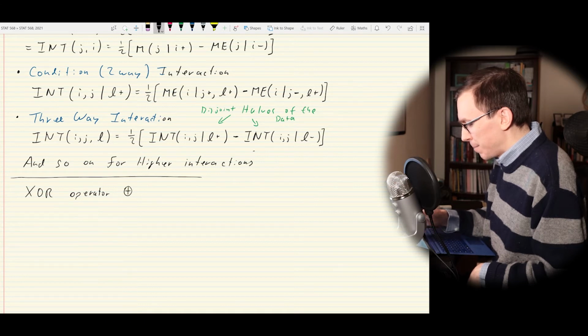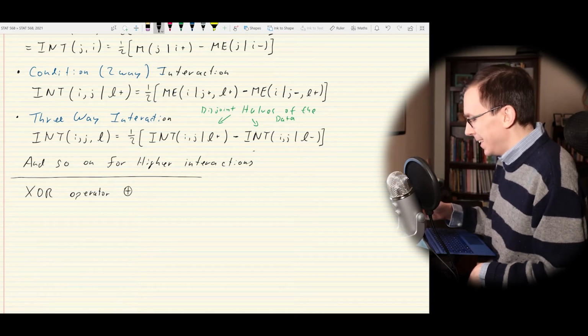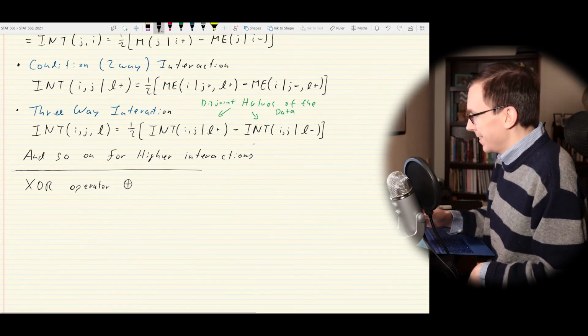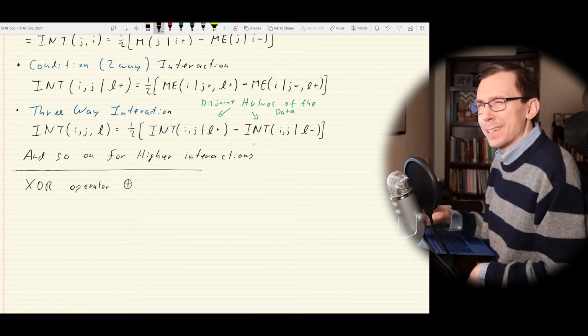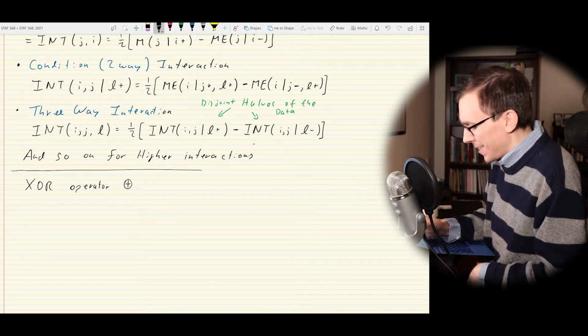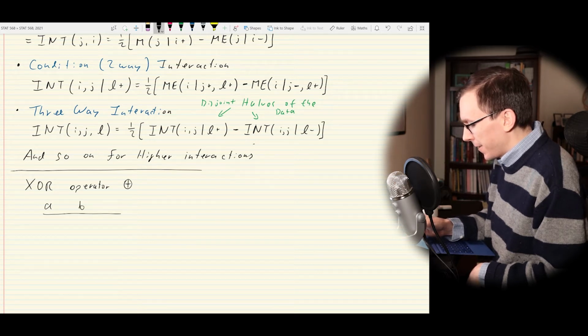I'm going to use the plus with a cross inside a circle. And we get, I guess what they call a truth table, whatever it is in logic. If we have two binary variables, A and B, and then we have their XOR.